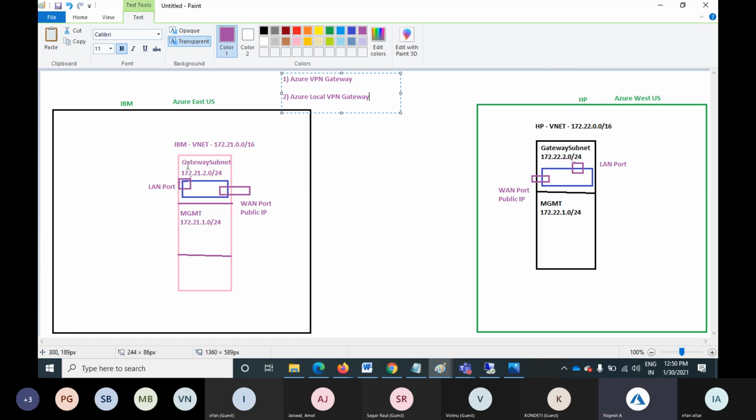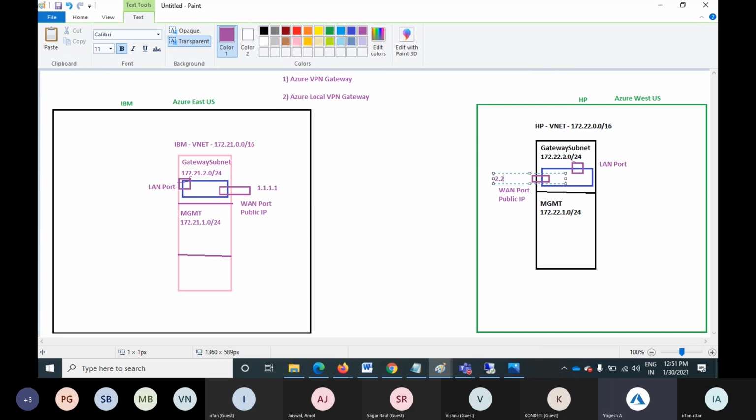So when you configure the VPN gateway, you'll get one public IP. Let's take an example. This is your public IP, 1.1.1.1.